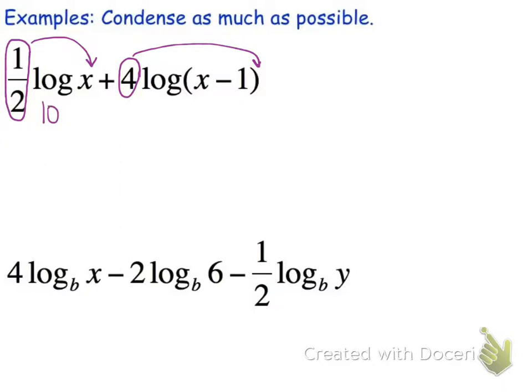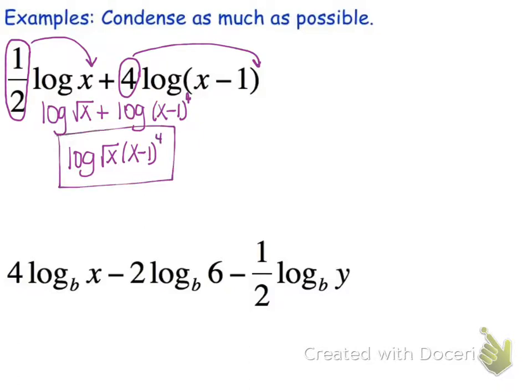So we're going to have the log of x to the 1/2, so that's the square root of x, plus the log of x minus 1 to the 4th power. Now I have two logarithms being added, so we can change this into a product. So we've got the log of the square root of x times x minus 1 to the 4th power. And that will be our final answer.